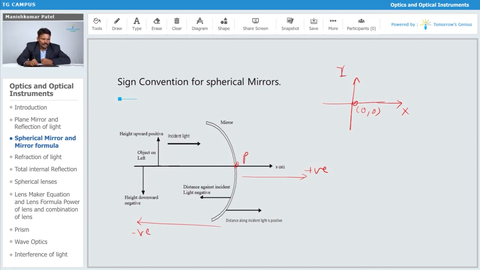This side is positive, this is negative. Again, the vertical distance upward is positive, and downward is negative. These are the sign conventions you have to consider for the distances of the object and the image, and for the height of the object and the height of the image.